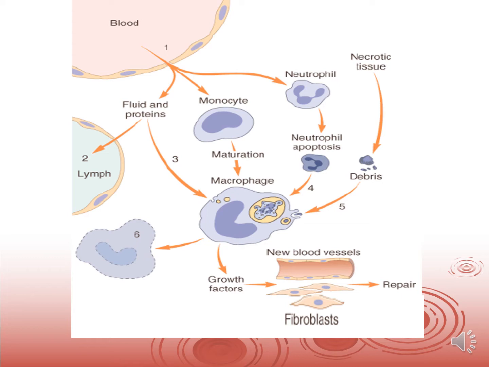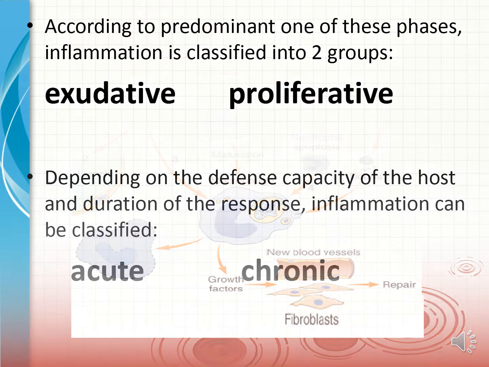And at the end, these cell proliferations result in repair of tissues. So the role of macrophages is very important because of phagocytosis of dead cells via apoptosis and cell debris as a result of tissue necrosis.